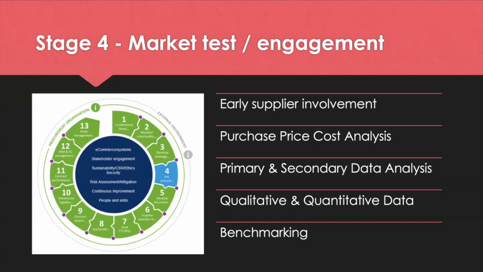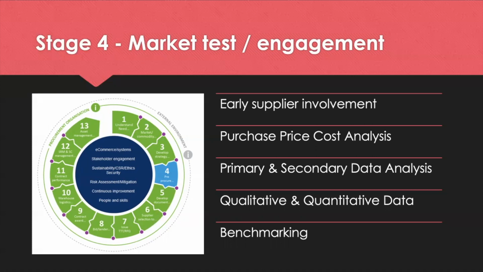But some of the tools and theories you can build into this kind of answer are around early supplier involvement, the benefits and risks of doing so. Maybe thinking about how cost is made up, do a purchase price cost analysis of the market. You can look at some of those things through suppliers' profit and loss accounts, see what their direct and indirect costs are. Do a bit of primary and secondary data analysis, primary being asking firsthand the answer to a question that you want to know the answer for, whereas secondary might just be looking at information that's already been published.